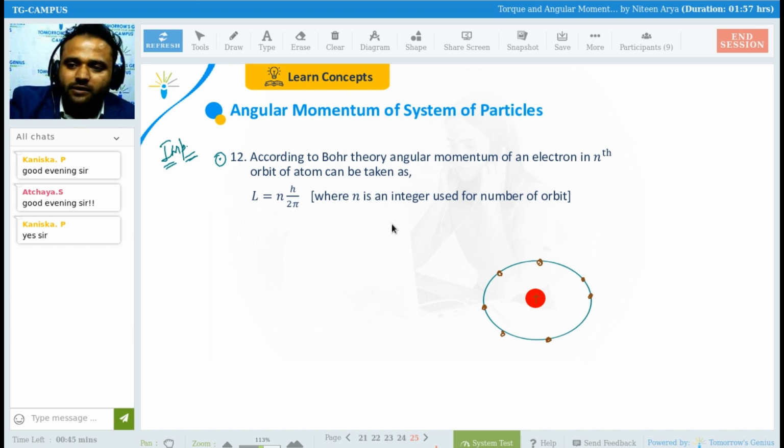But in this case, whenever any charged particle is going to revolve around a center, that particle radiates energy, or specifically when a charged particle is revolving in a circular or any particular manner, it radiates energy.